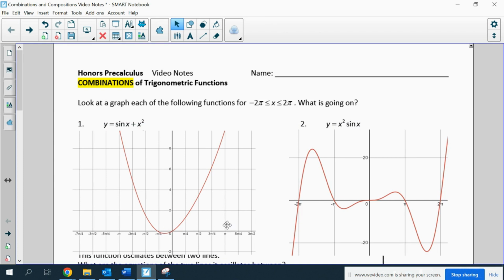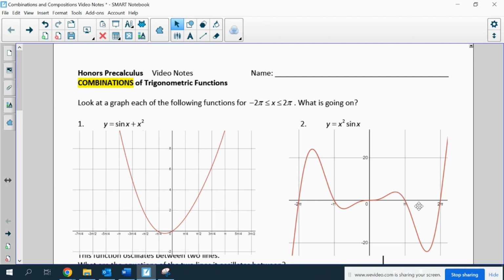It's shifted over a little bit, and it's not perfectly y equals x squared, but it basically follows the pattern of it, kind of like a parabola, whereas number 2 looks a little crazier because your x squared function is getting multiplied by something that's between -1 and 1 and changing all of the time.